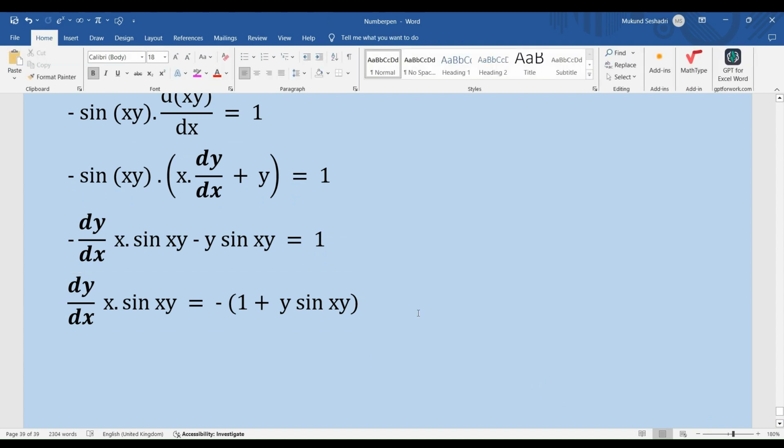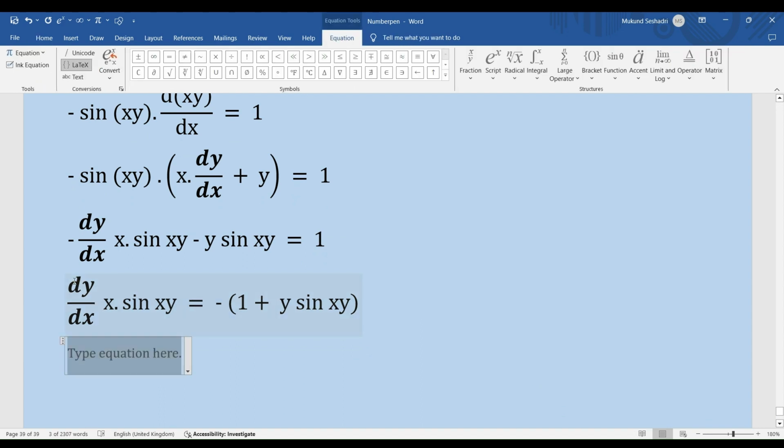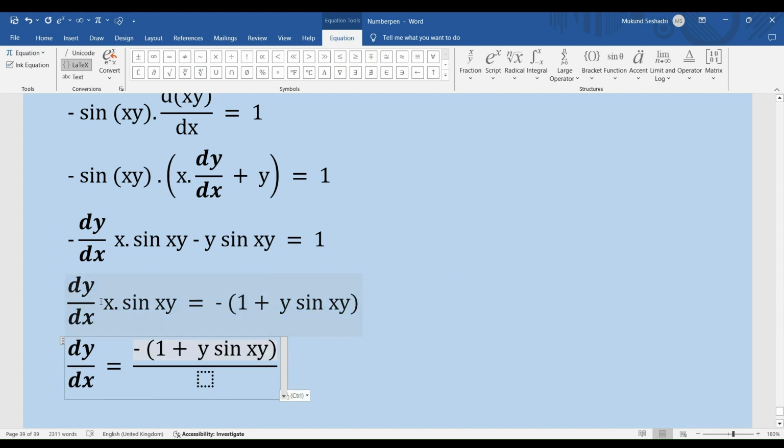So all are the same. So now I have my dy by dx. My dy by dx equals, in x by y format, minus of (1 plus y) times sine xy, which is there in the numerator, divided by x times sine xy, which is there in the denominator, right?